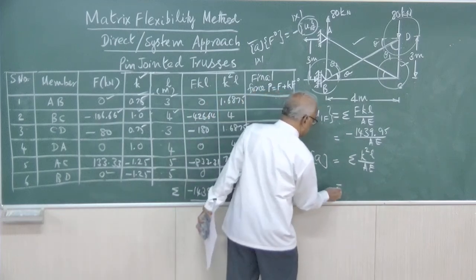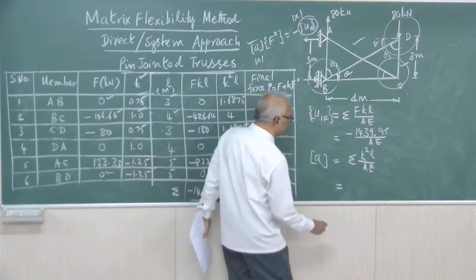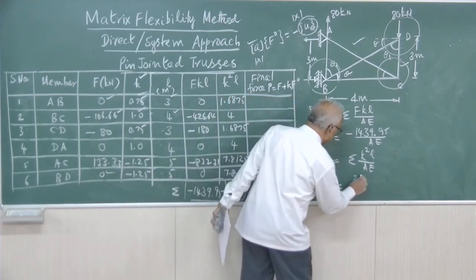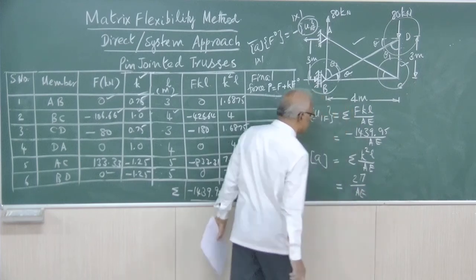So this is equal to 27 by AE. AE is the same for all members.